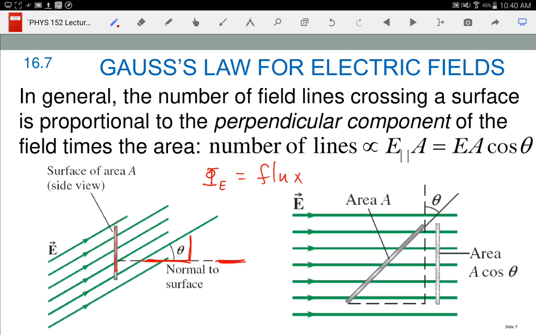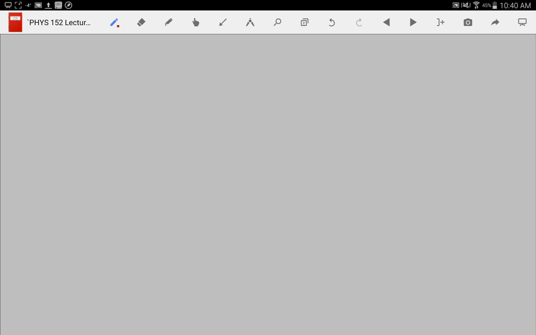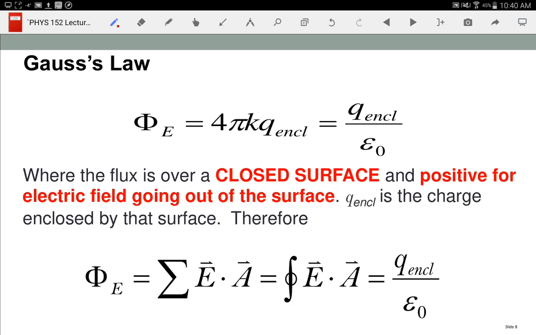Now, Gauss's law is for a closed surface. I have to have a box or something completely enclosing my charge. So to apply Gauss's law, we need to calculate what the total flux is. And according to Gauss, that total flux is just equal to the charge enclosed divided by a constant.